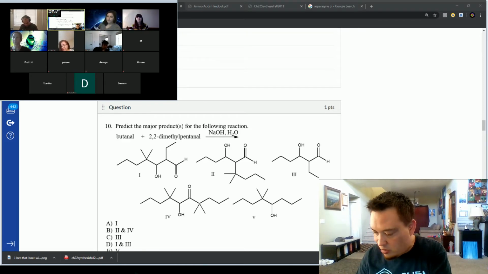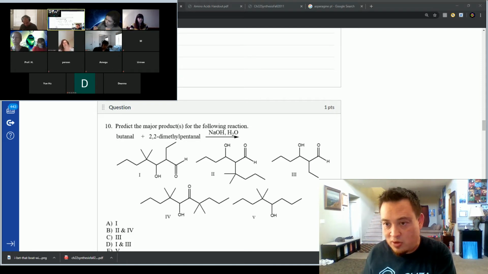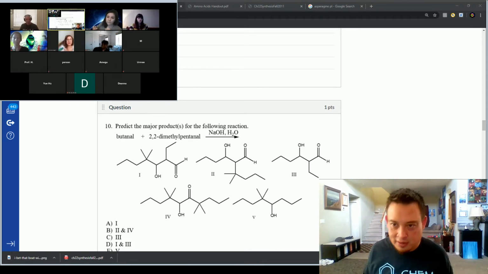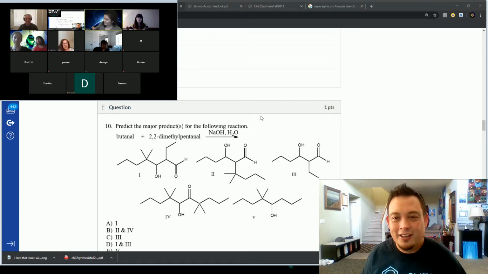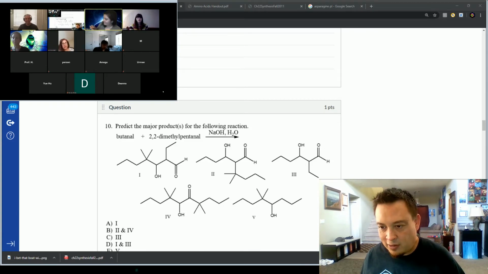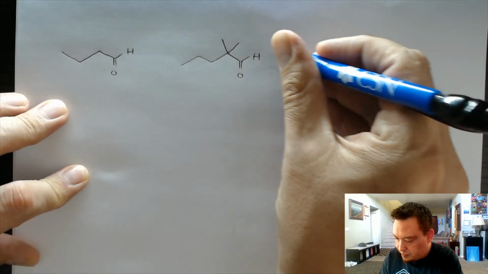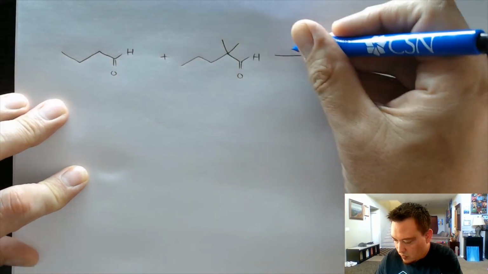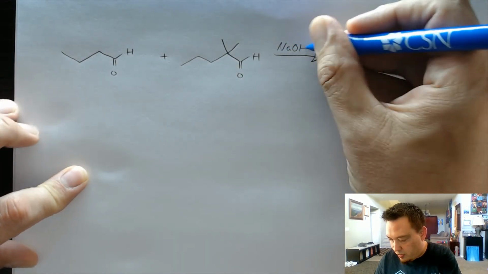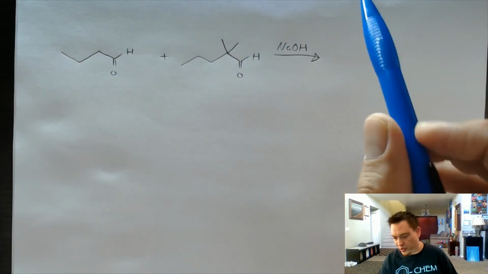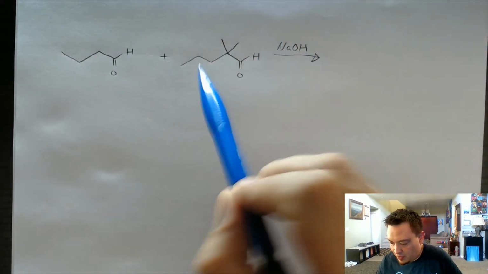On any of these questions, if you're being given names, you should really draw them out, unless you're just that good. All right, so here we're using hydroxide as well. The first thing you should notice in this one is that it has no alpha hydrogens.